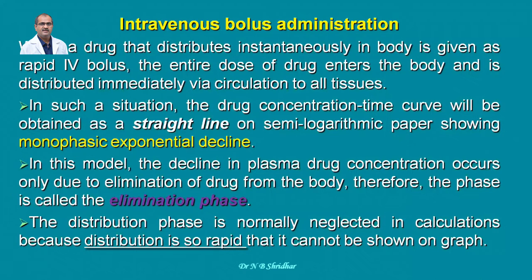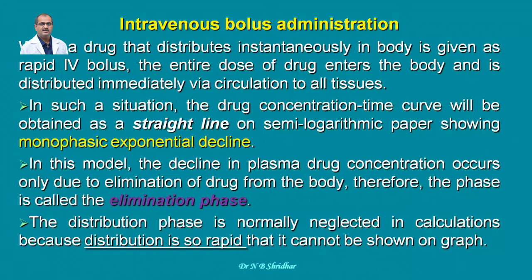Whenever you give an intravenous injection to the animal, whatever the chemical nature of the drug, it rapidly goes to the heart, gets pumped to the lungs and is distributed throughout the body. So this is the natural process.